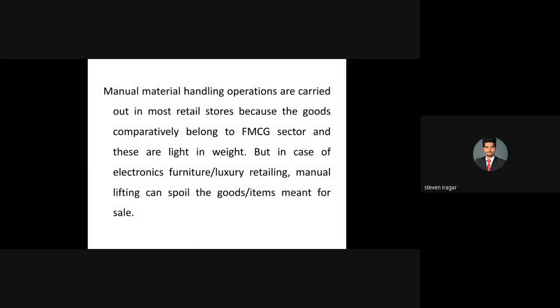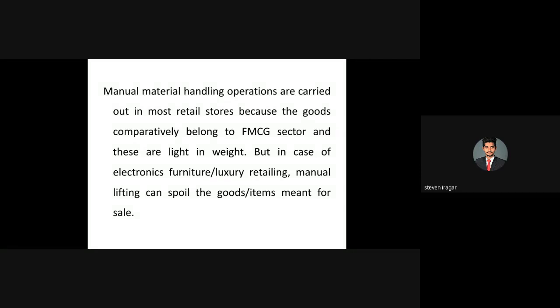While you are operating with machines on one side, when you are operating by human interaction, manually without any machines, that can be most successful in FMCG sectors, as I told you, because of their light weight. But for certain types of retail materials, like electronic furniture or luxury materials, machines have to be used, because there is a chance that the goods or items can be spoiled due to manual lifting.